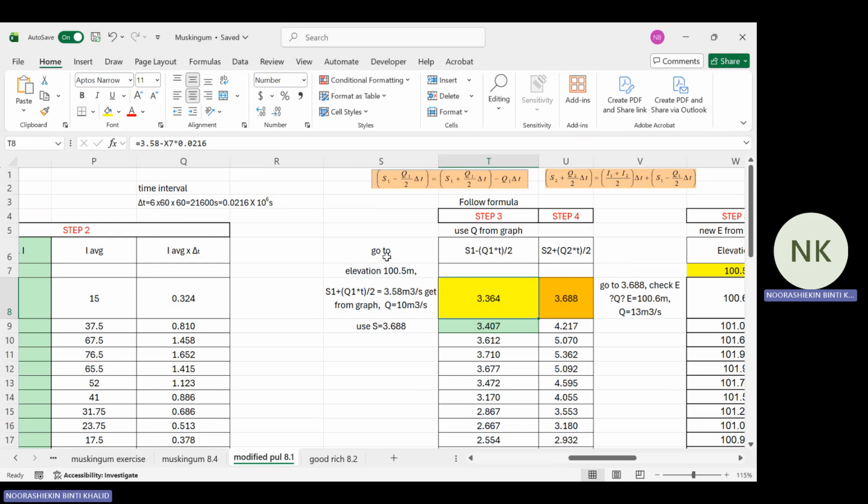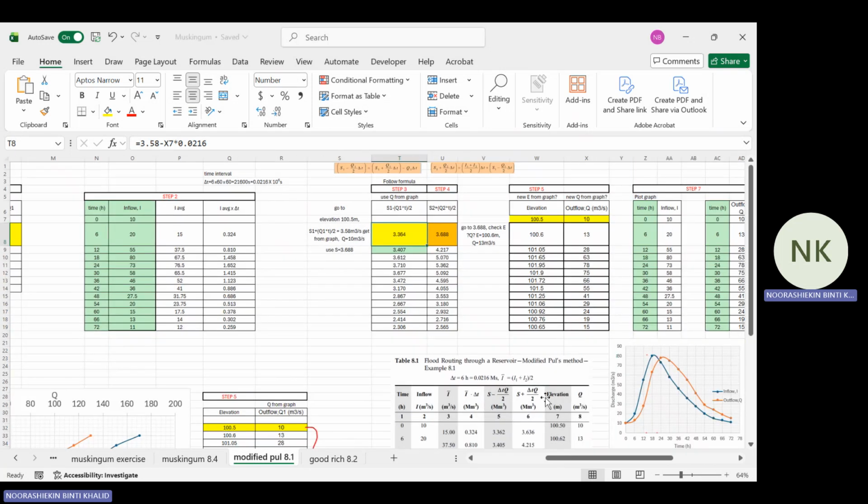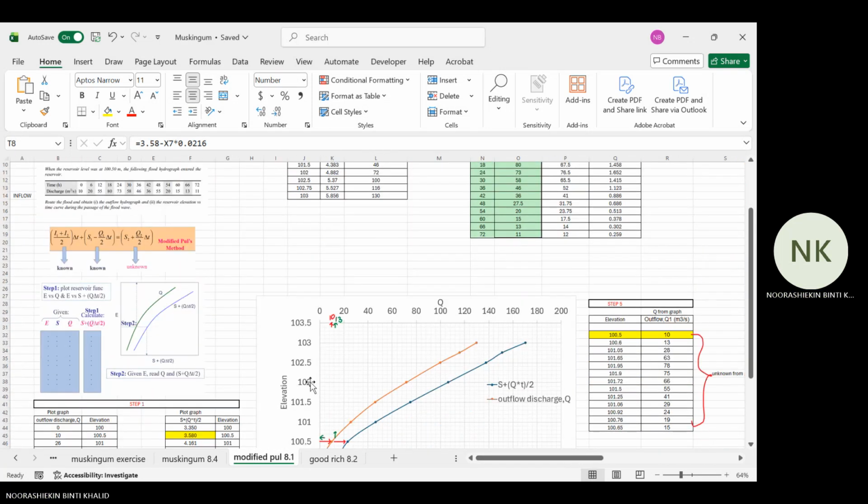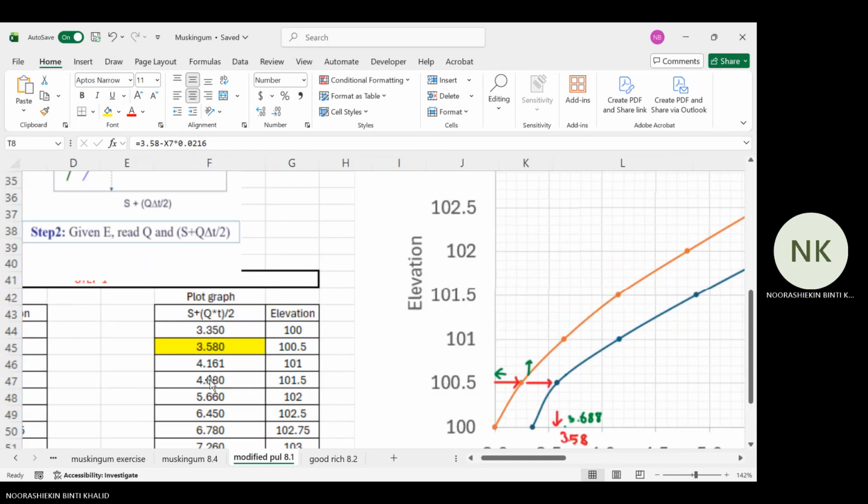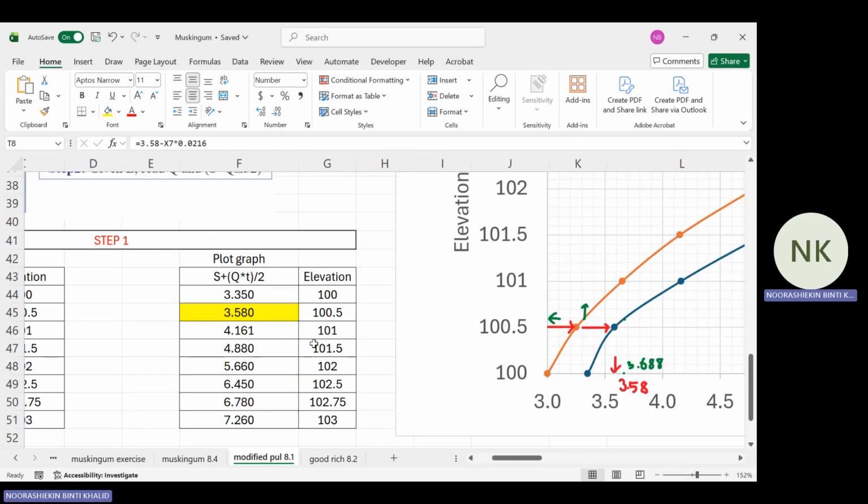So go to elevation 100.5. And then S1 and Q. So you go here. From the graph that you are plotting, 100.5, you get S plus QT divided by 2 is 3.580.